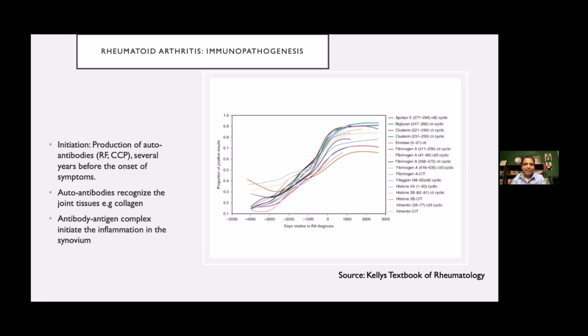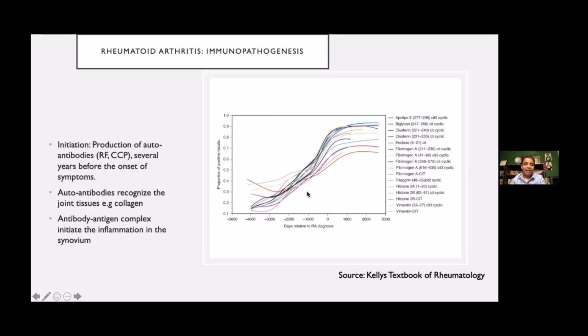Basically, it's showing different components of the joint tissue, like fibrinogen, histone, and enolase. Now, the x-axis shows days related to the RA diagnosis. So 0 is the day when somebody gets a diagnosis of rheumatoid arthritis. If you go forward, these are days after diagnosis, and if you go backward, this is the time before the diagnosis.